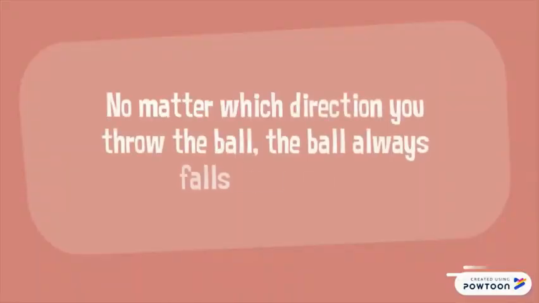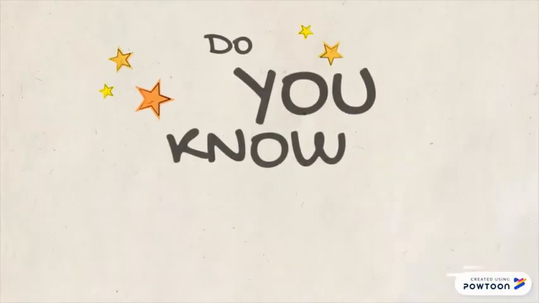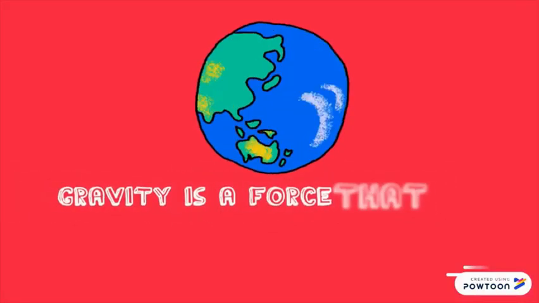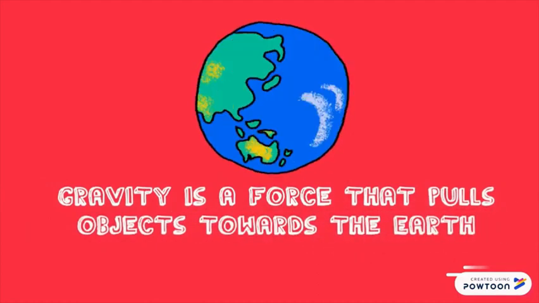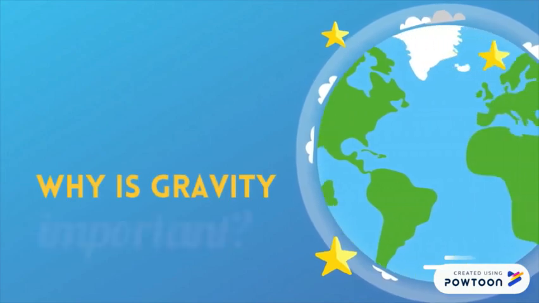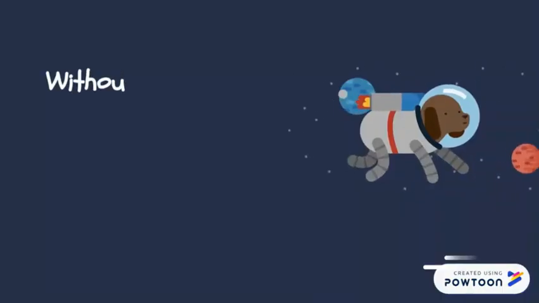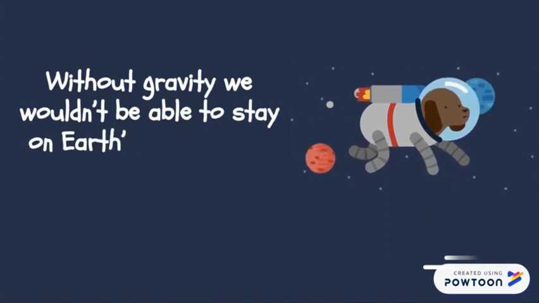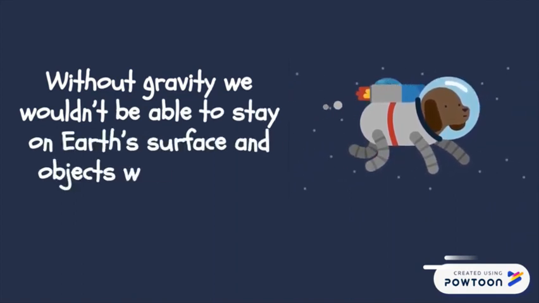Did you observe that no matter which direction you throw, the ball always falls back down? So, do you know why? It's because gravity is a force that pulls objects towards the earth. So, why is gravity important? Without gravity, we wouldn't be able to stay on Earth's surface and objects would simply float away.